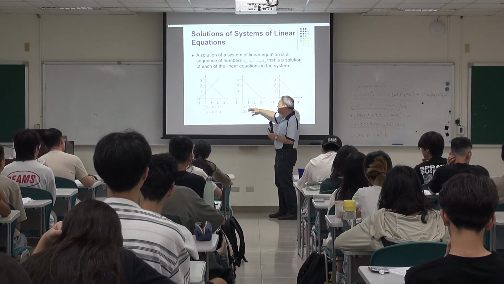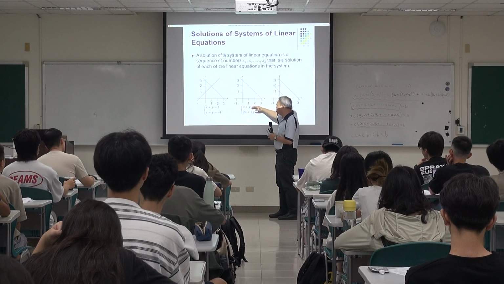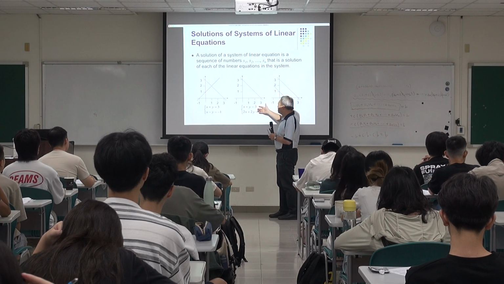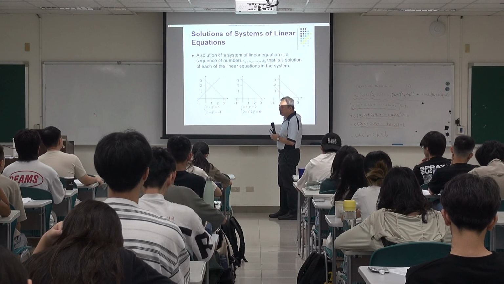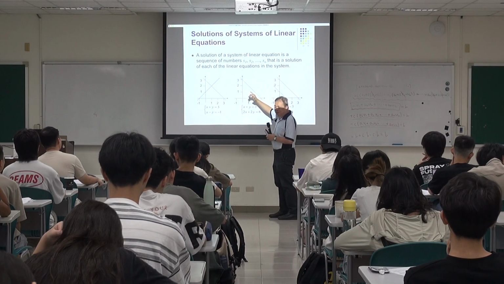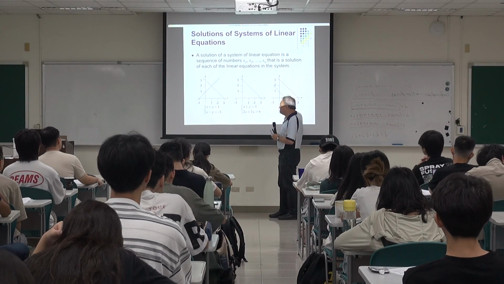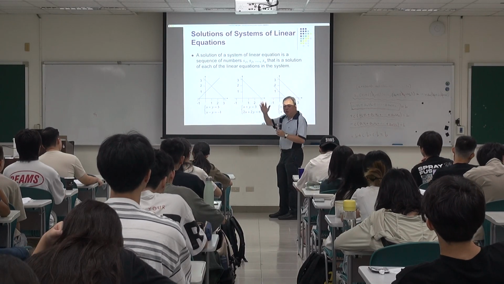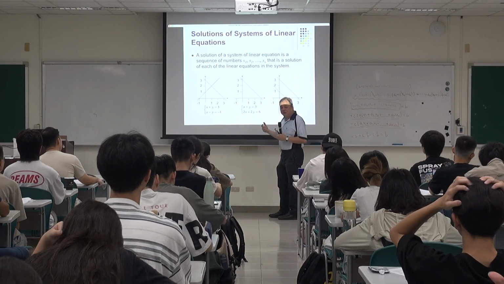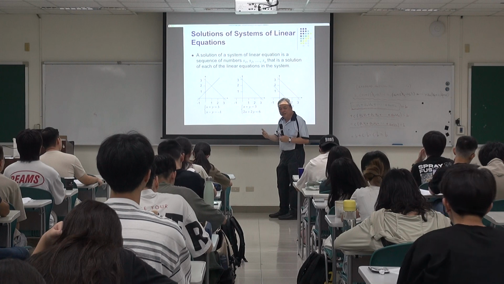You have two linear equations of two variables, and these two equations are completely overlapped. So in other words, you have an infinite number of solutions, right?